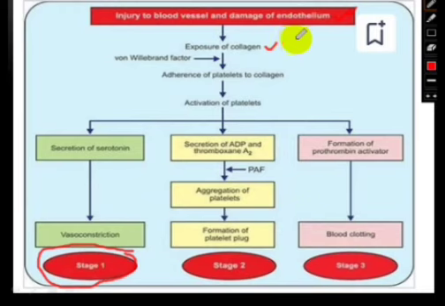An injury to a blood vessel or tissue exposes the collagen and damages the endothelium.